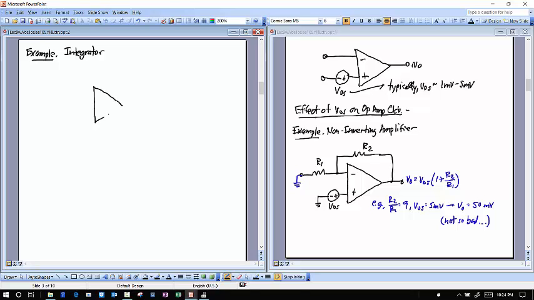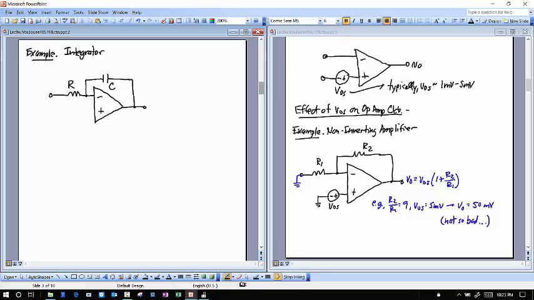So I have my op amp, negative terminal, positive terminal, and going into the negative terminal I'm going to have a resistor R, and in order to integrate I'm going to put a capacitor in feedback here. So there's my capacitor C.